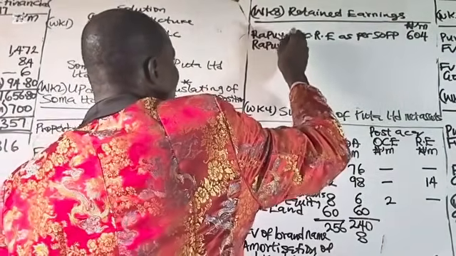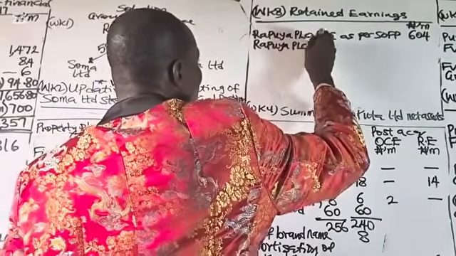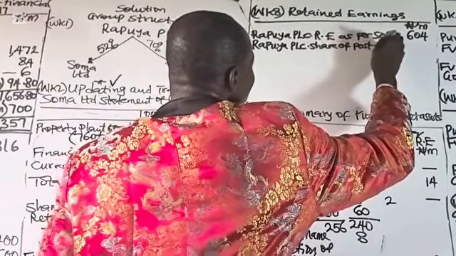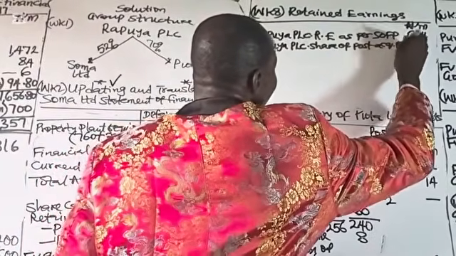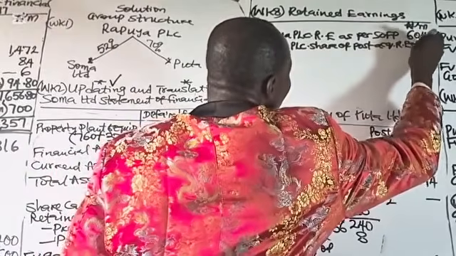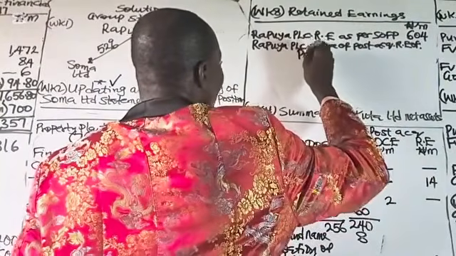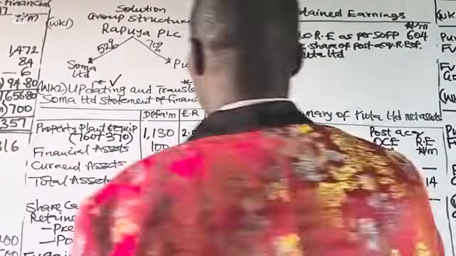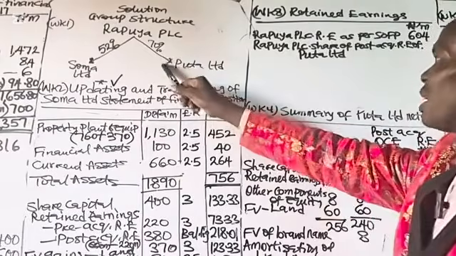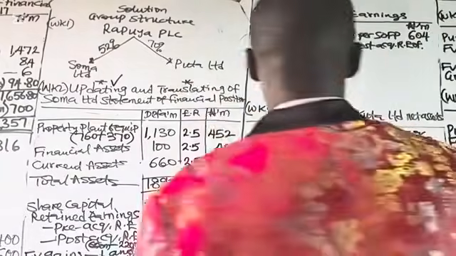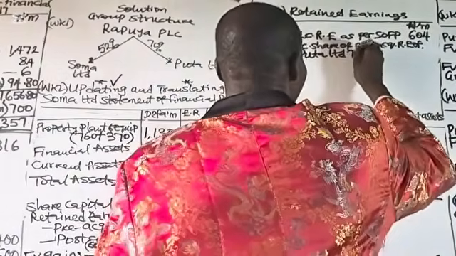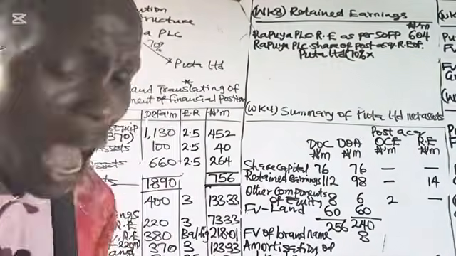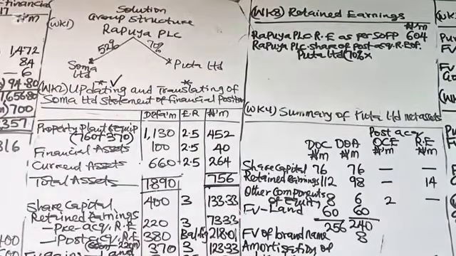Then we now have Rapuya PLC share of post-acquisition retained earnings of, let's have that of Puta Limited. The stake of Rapuya PLC in Puta Limited is 70%. That means Rapuya will receive 70% of Puta's post-acquisition retained earnings.